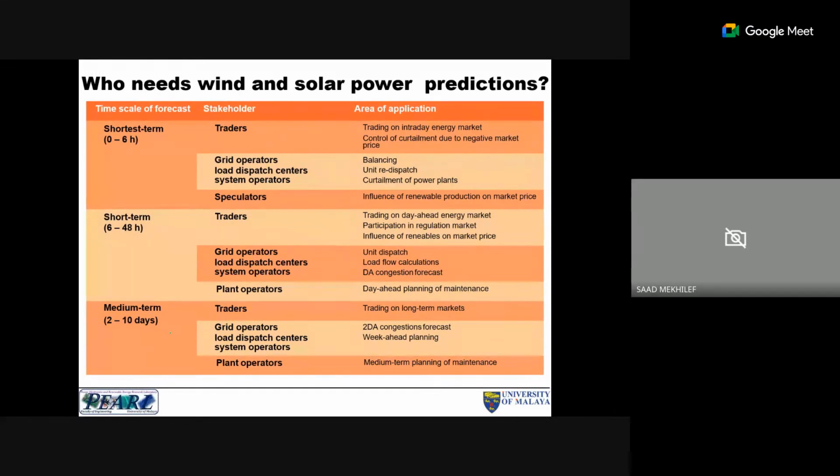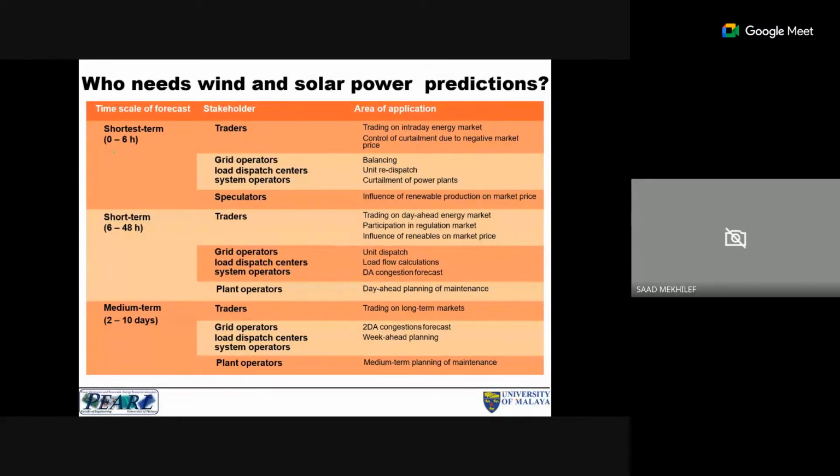Yeah, different people will define this differently. What is short term, and even now we have the very short term, the short term, the medium term, long term. Basically, anything between 0 to 6 hours is considered very short term.